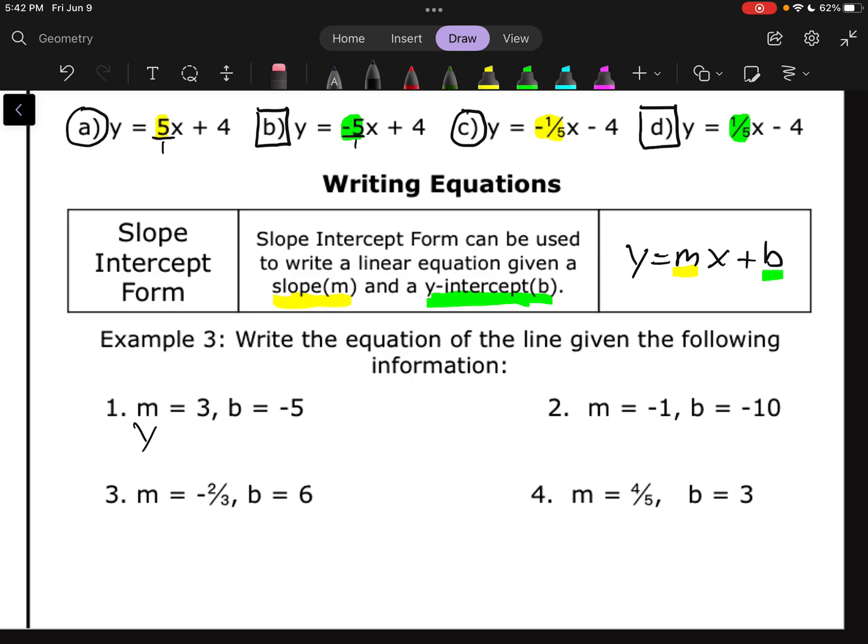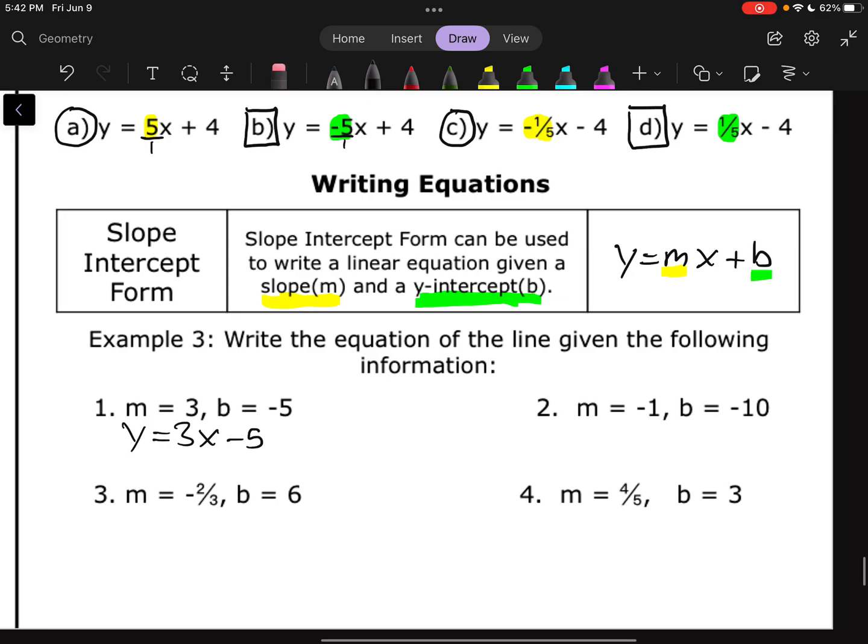So if I want to do y equals mx plus b here, it'd be y equals 3x minus 5, a slope of 3, a y-intercept of negative 5. For b, we could do y equals negative 1x minus 10. And for that one, if we've got a slope of negative 1, really we don't even write the 1 part. We would just say y equals negative x minus 10, because that 1 is implied.